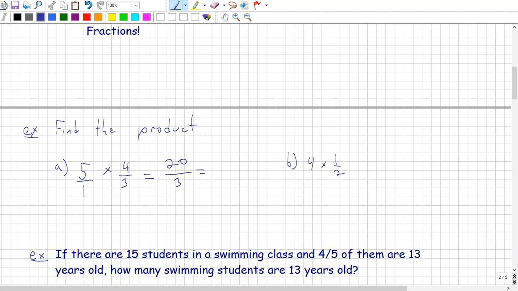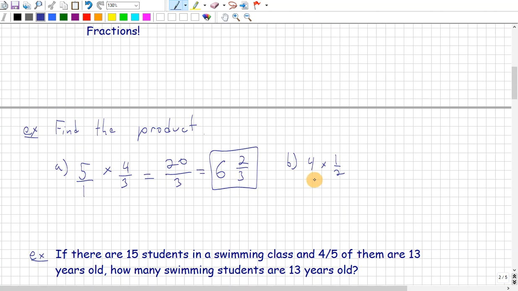It's an improper fraction, so we'll change it to a mixed number, like we did last lesson. So 3 goes into 20 6 times, because I know 3 times 6 is 18. And then I'm going to be left with 2 thirds. And I can't reduce the 2 thirds, so that's how it stays, 6 and 2 thirds.